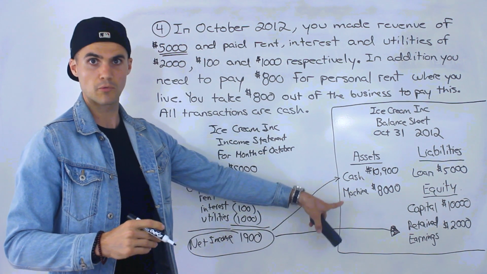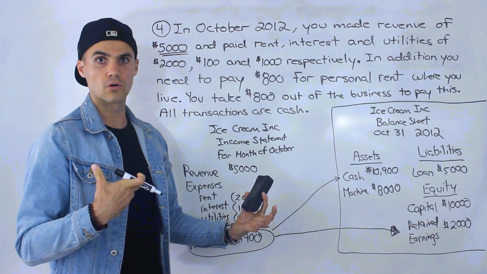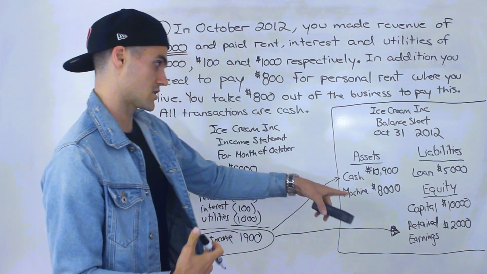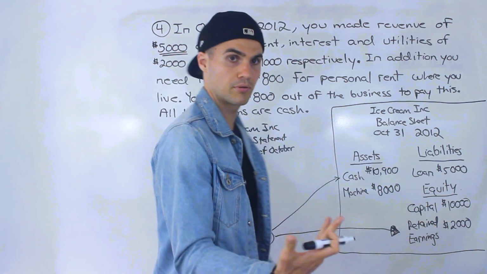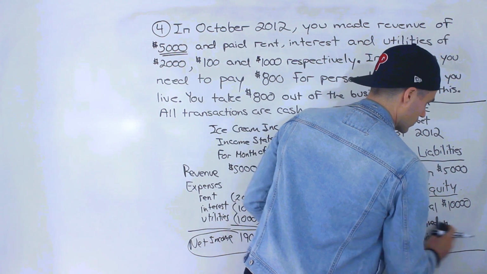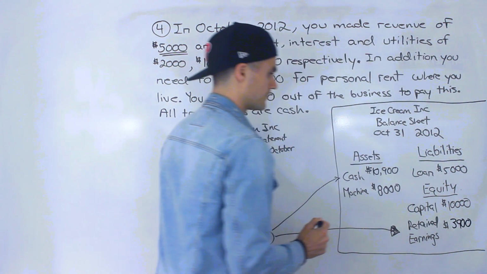And then this flows into retained earnings. Remember what retained earnings is? It's the accumulated profit or losses over a company's life, the accumulated net income. So 2,000 plus this 1,900 now would be 3,900.